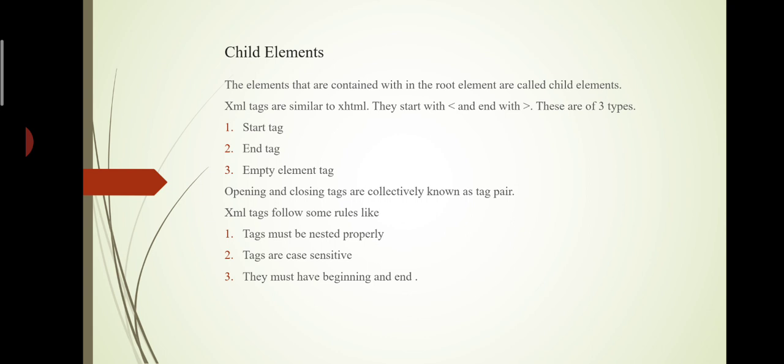The opening and the closing tags are collectively known as a tag pair. XML tags follow some rules: the tags must be nested properly, tags are case sensitive, and they must have a beginning and end.